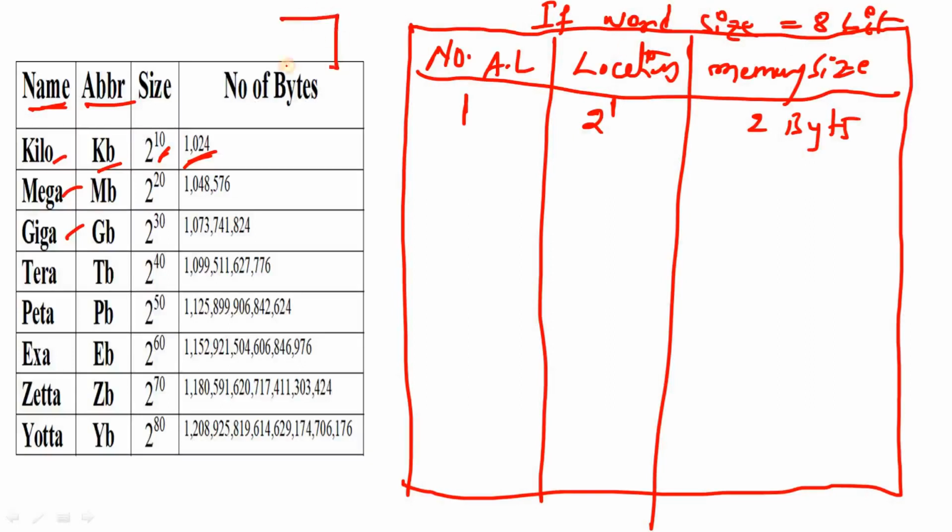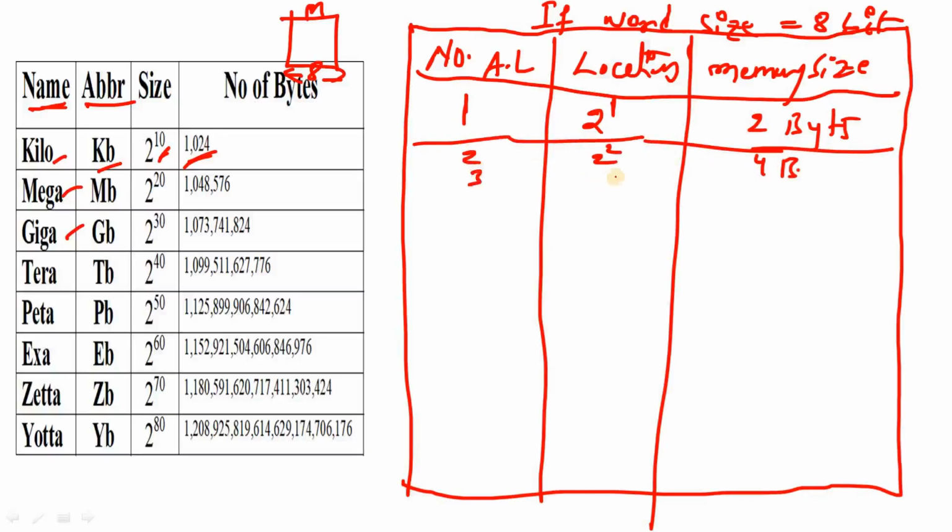Suppose you consider any memory: if the word size equals 8 bits, then this tabular form will be applicable. That means for 1 address line, 2 power 1 equals 2 bytes. 2 address lines, 2 power 2, that means 4 bytes.